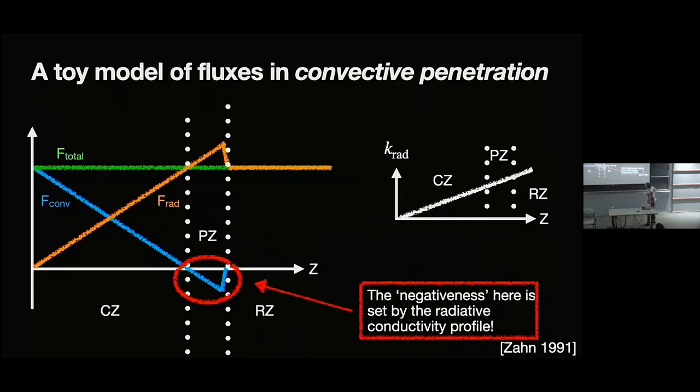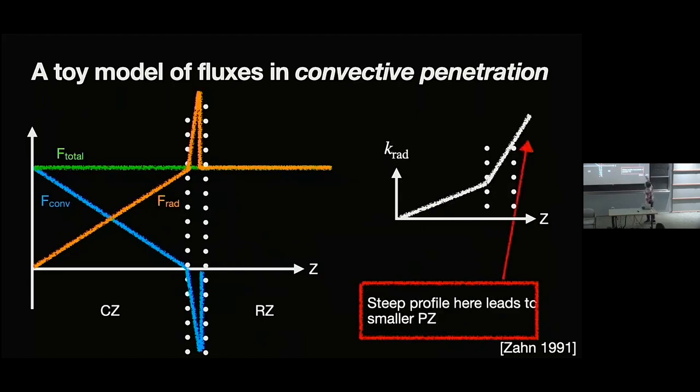So in pictures, let's say at the Schwarzschild boundary, you have a kink and your radiative conductivity gets really steep by having the adiabatic temperature gradient there. You're carrying way too much flux. So you have really strong negative convective flux, so it breaks itself really quickly and you have a short region.